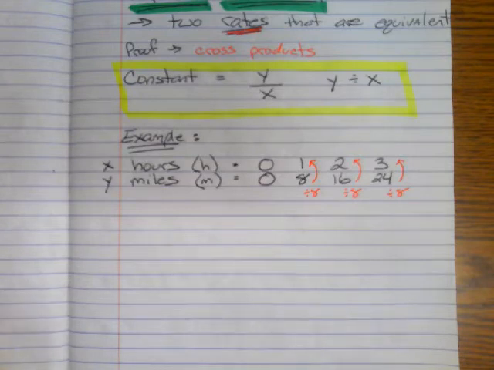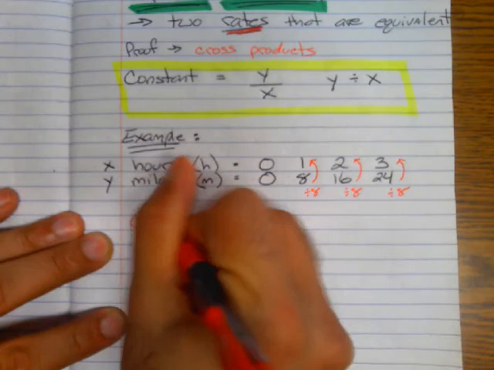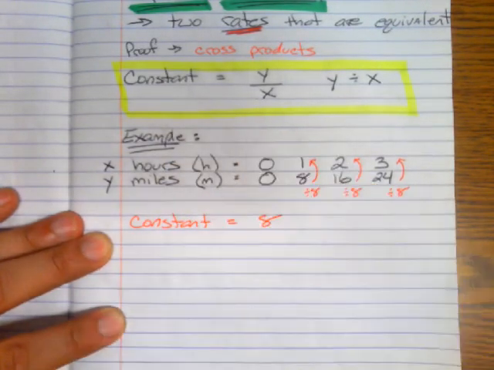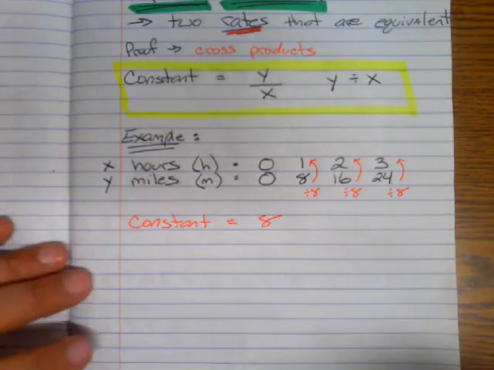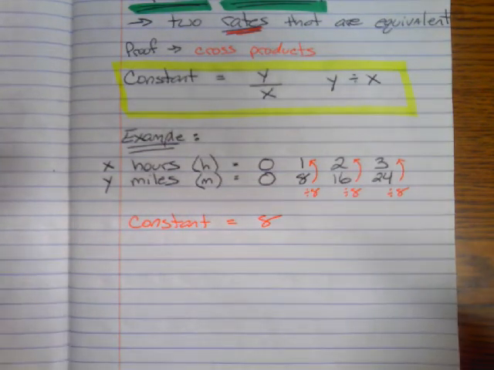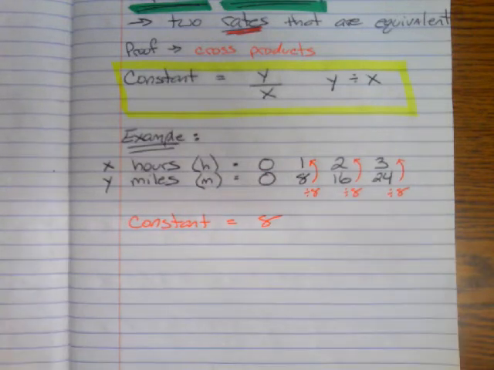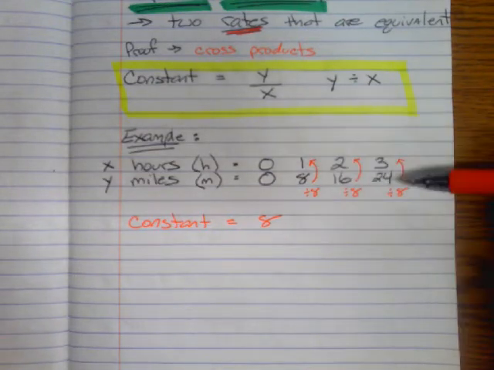That constant, in this case, is equal to 8. Okay? And that 8 represents proportionality, because everything is consistently the same. Everything from y to x always changes by dividing by 8.